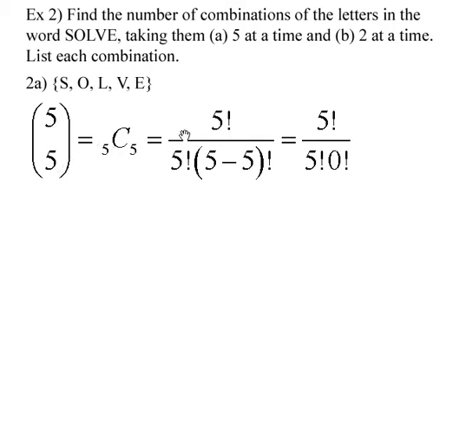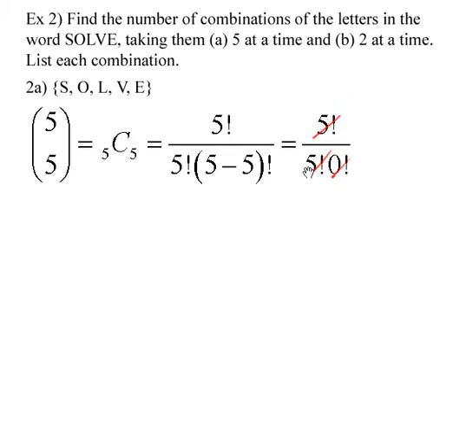So 5 choose 5 is going to be 5 factorial divided by 5 factorial times 5 minus 5 factorial. When we simplify that, 5 minus 5, of course, is 0. Now, 5 factorial divided by 5 factorial is, of course, 1. And what we may not remember, but what I would like to remind you, is that 0 factorial is defined as 1 also.